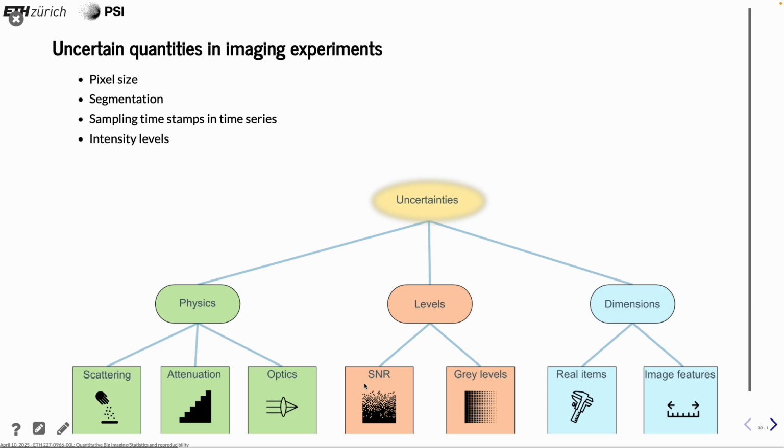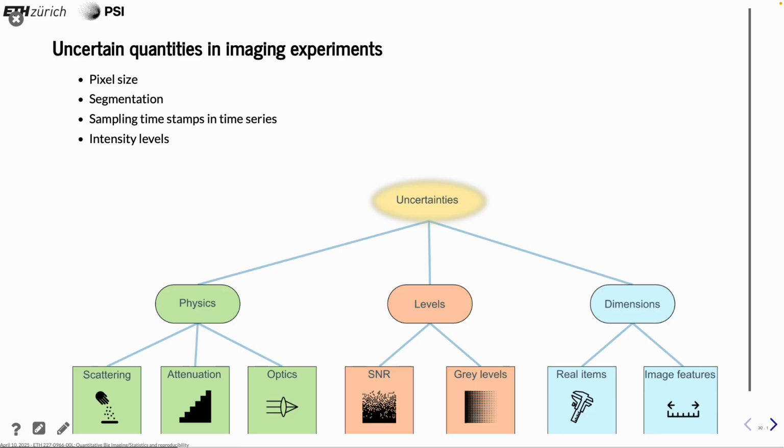When you acquire data, you have to quantify it to bring it into the computer. Sometimes you work with 8 bits, sometimes with 12, maybe even 16 bits. And the number of gray levels also gives you a contribution to the uncertainty. Finally, we also have dimensions. Our pixels have a finite size, and that needs to be measured.